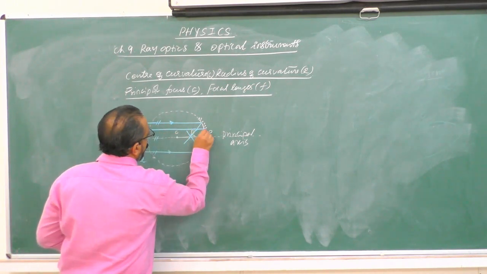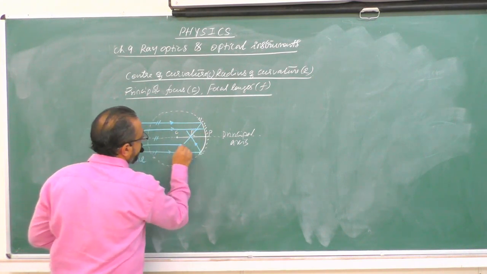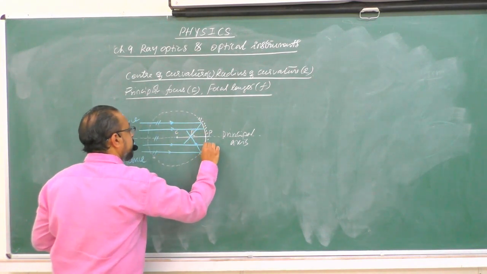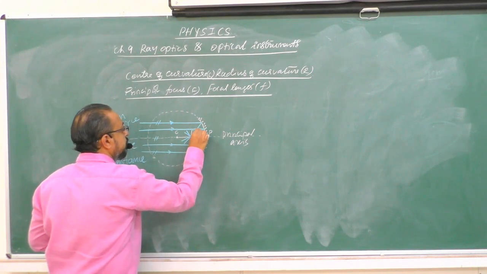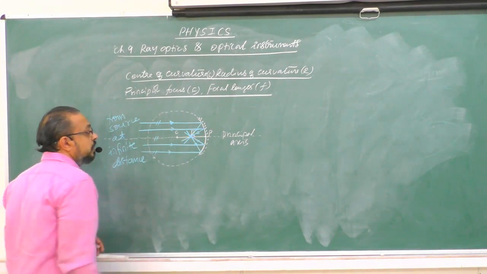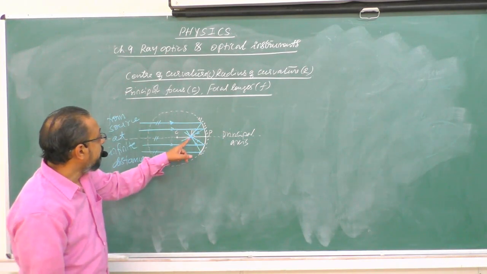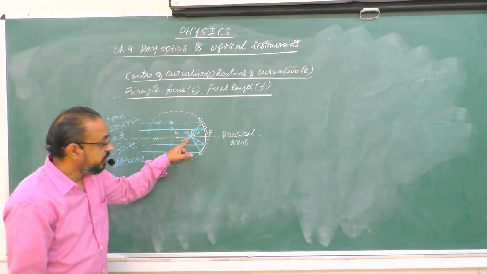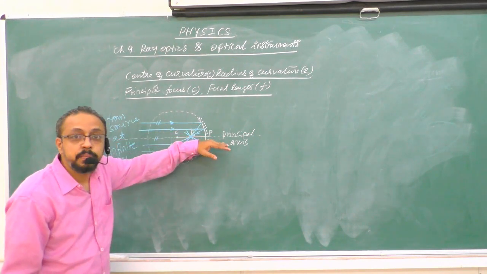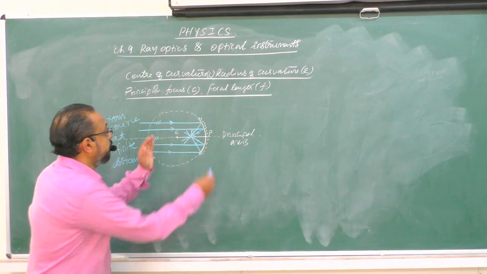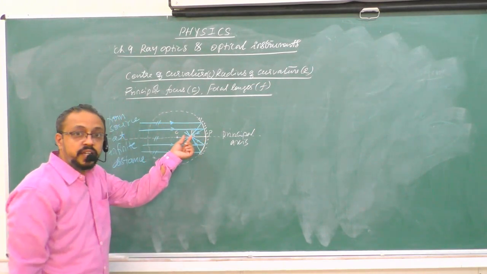If you want more light rays, you can draw them. All light rays pass through one common point. Here is the common point. This common point of meeting exists on the principal axis itself, between C and P, somewhere here.